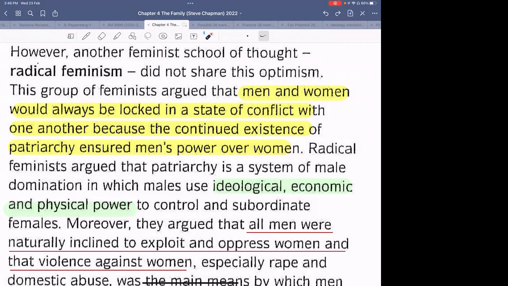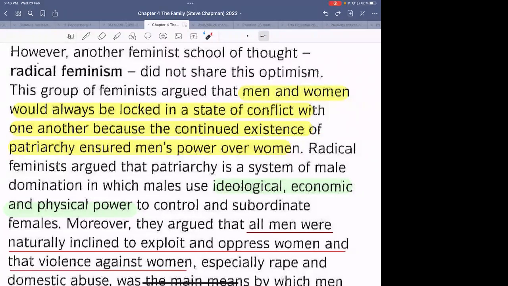Taking it ahead. However, another feminist school of thought, radical feminism, did not share this optimism. This group of feminists argued that men and women would always be locked in a state of conflict with one another because the continued existence of patriarchy ensured men's power over women.